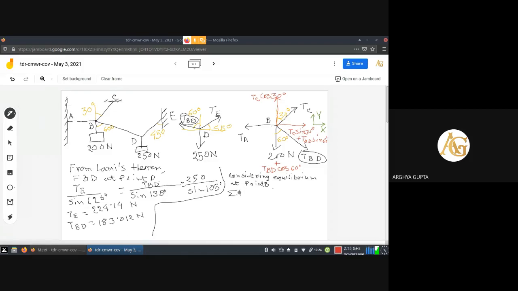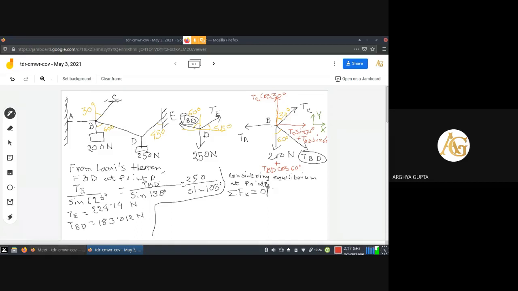Summation of the forces in the x direction is 0. So no resultant force acts. In words, if you want to write it, you have to write: no resultant unbalanced force acting in the x direction. I will write that here also.